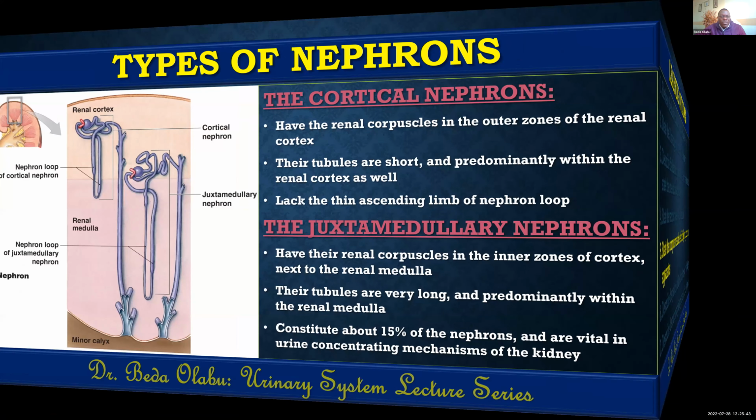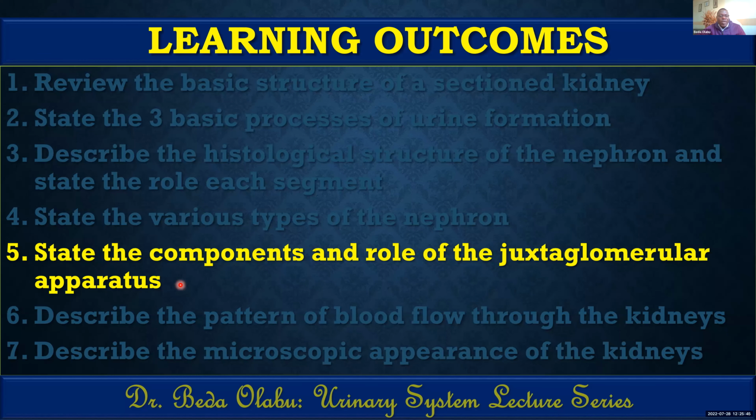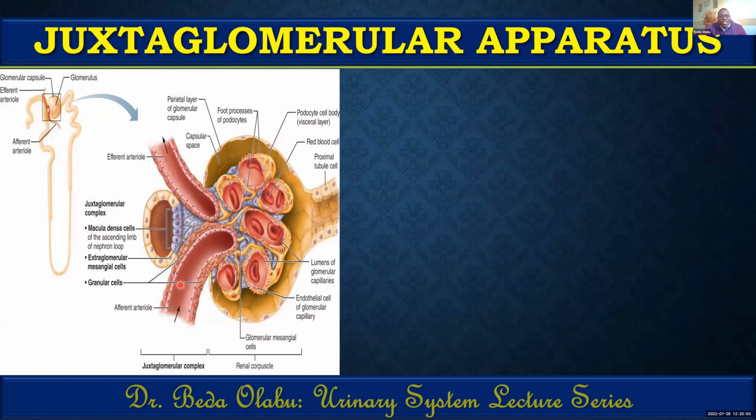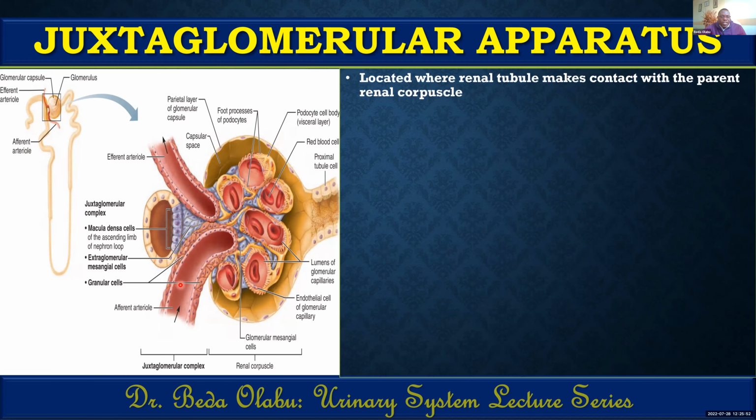Now let's talk about the juxtaglomerular apparatus. What are juxtaglomerular apparatus? Juxtaglomerular apparatus are located where the renal tubule makes contact with the parent renal corpuscle, as I mentioned earlier.